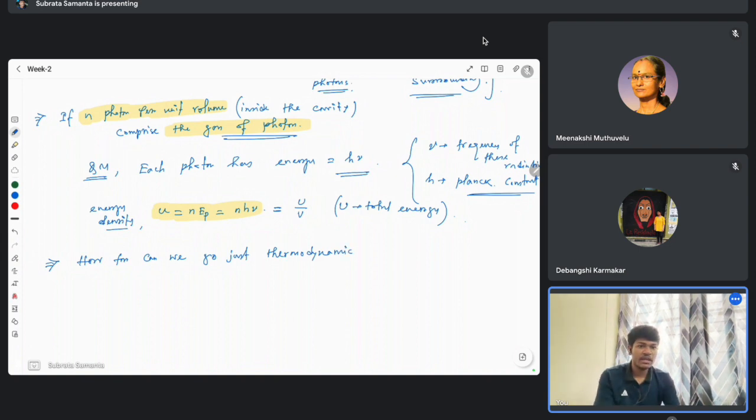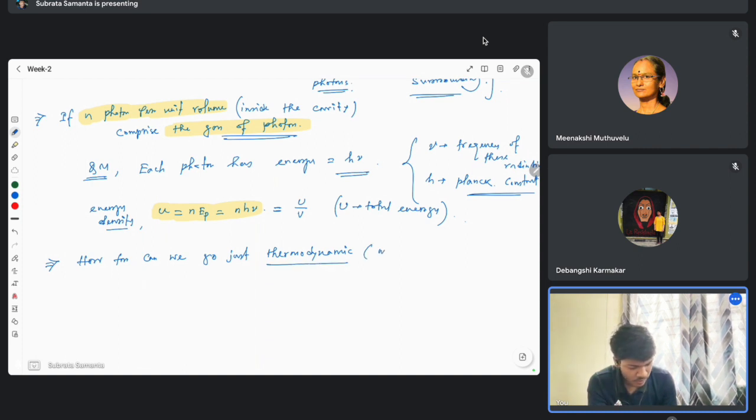We consider a cavity as a thermodynamical system and ask how far we can go in predicting the behavior of this radiation, the photon gas, using just macroscopic arguments.